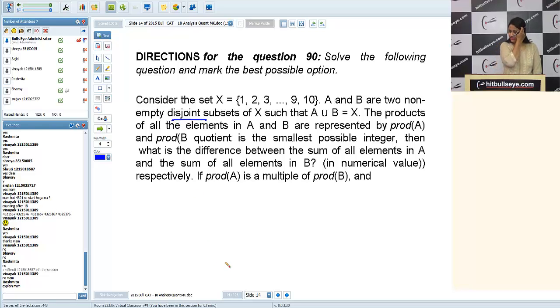It means the intersection should be empty, there will be no term in the intersection. The product of all the elements in A and B are represented by product A and product B. Quotient is the smallest possible integer. Then what is the difference between the sum of all elements in A and sum of all elements in B?